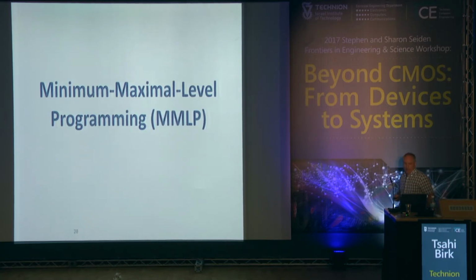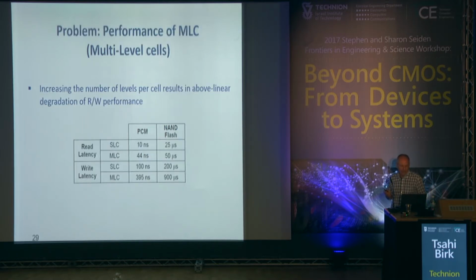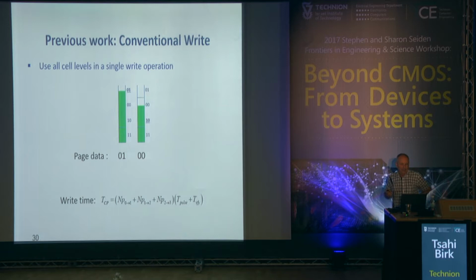Okay, the final topic I want to talk about is back to more serious coding of sorts. We call it minimum maximal level programming. It is aimed primarily at shortening program time.